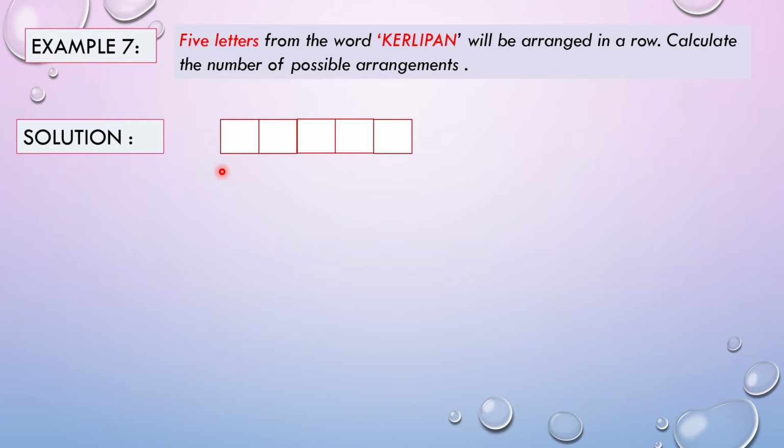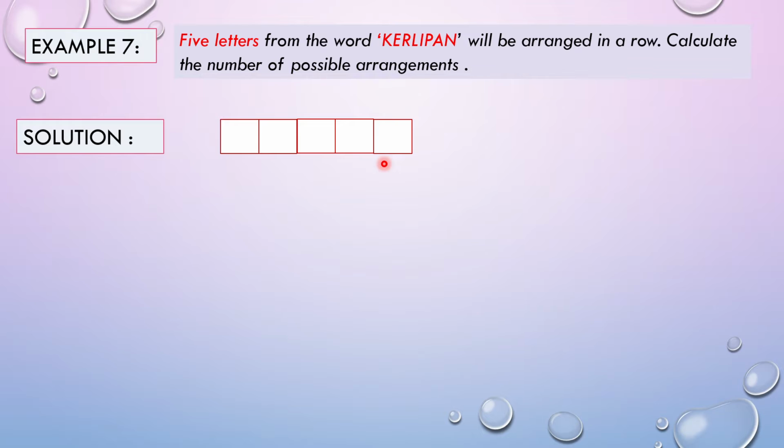I'm going to use the box method. Now, the box method is very useful, so make sure you know how to use it. For this question, we don't have any extra condition given. You are just given 8 letters, you choose 5 to arrange.